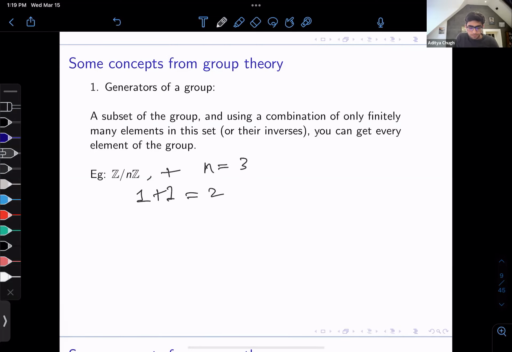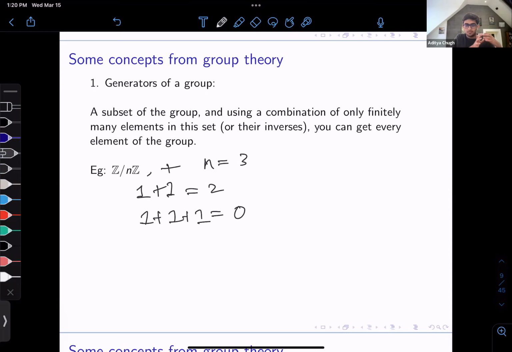for higher n also. And this also leads to something called the presentation of a group, which is if we want to just provide some set of rules for how our group is going to behave, and provide the generators, essentially the building blocks of the group which you could use to make the entire group, that would constitute a presentation.